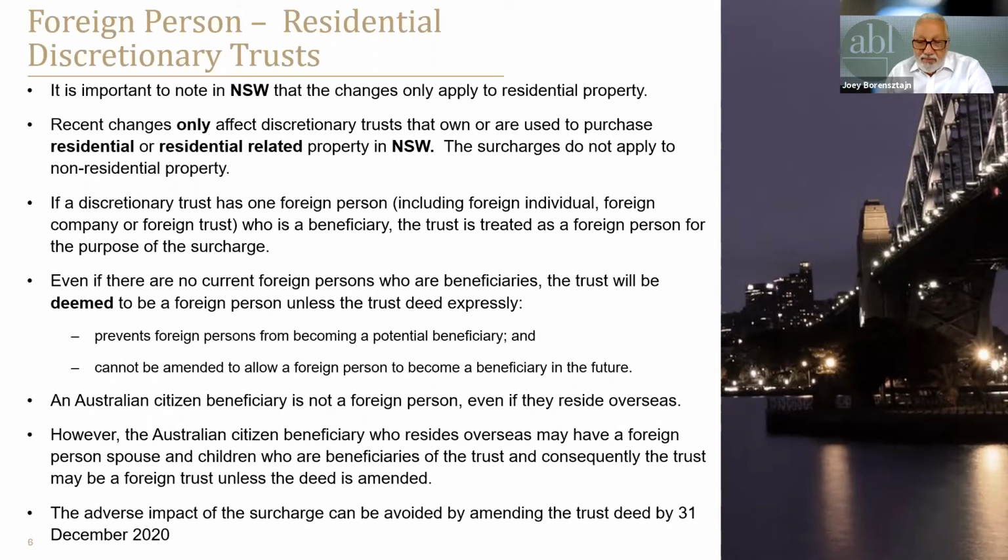The mere possibility that you could do so determines that the trust is a foreign person. So there needs to be an express restriction in the deed, and there needs to be no power to change those restrictions.